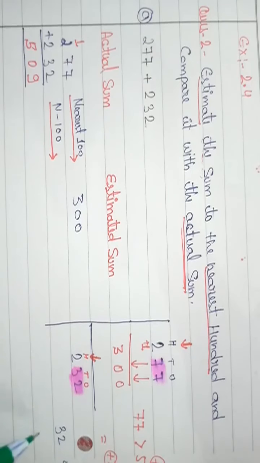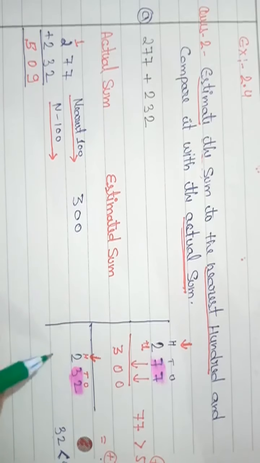Here you are seeing it is less than 50, so we will add 0. If equal, plus 1; if bigger, plus 1. If the highlighted place is less than 50, we add 0 in the target place.